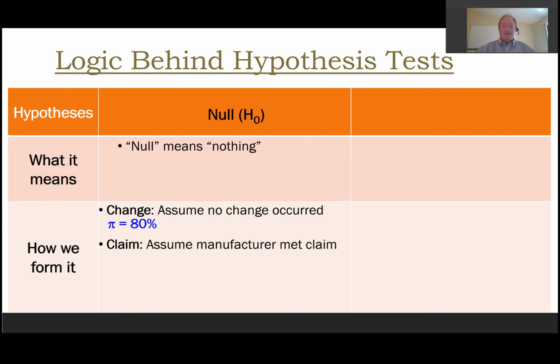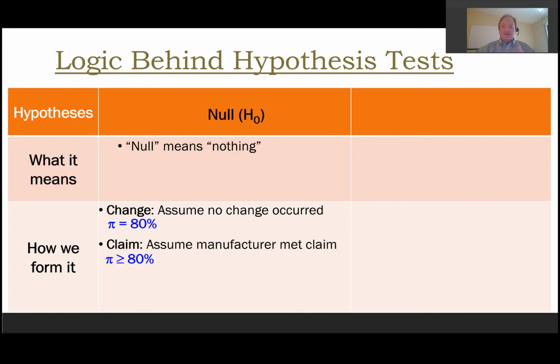If we're looking at the scenario with the manufacturer's claim, the assumption is that the manufacturer's claim is met. And so in that case, we would assume that the percentage of all dentists who recommended Crest was at least 80%.